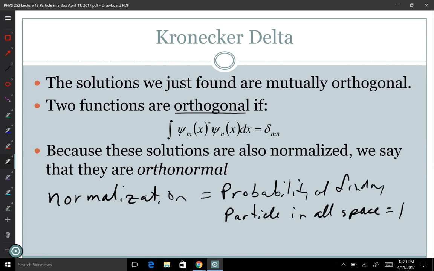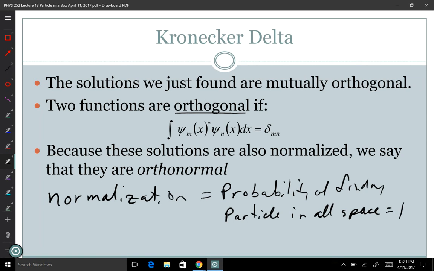When we do an integral of psi star psi, that's actually, very technically, the integral of psi dot psi. If we do psi dot psi, and it's normalized, that has to be 1, right? That was our normalization condition. But what if I take psi 1 dot psi 2? If they're orthogonal, what's psi 1 dot psi 2 going to be?